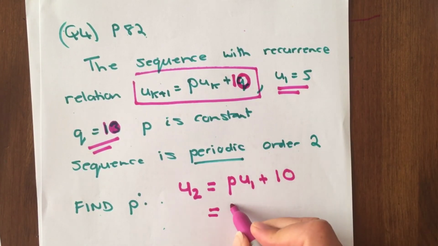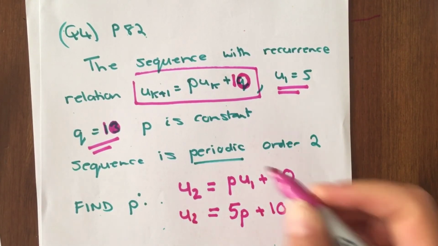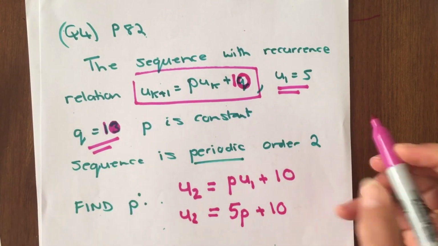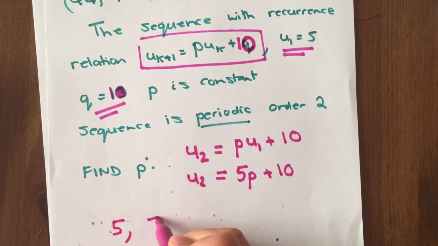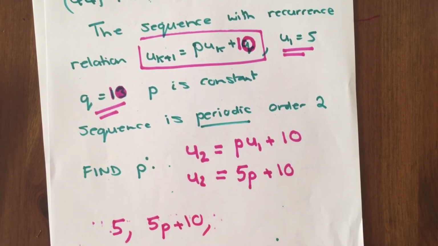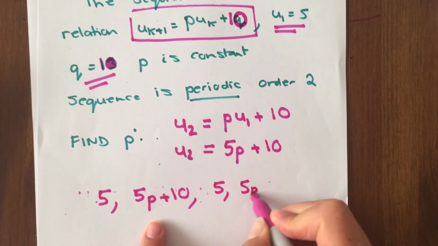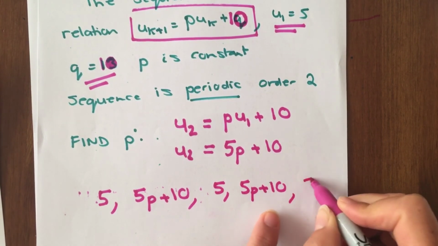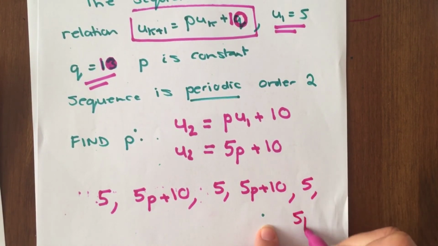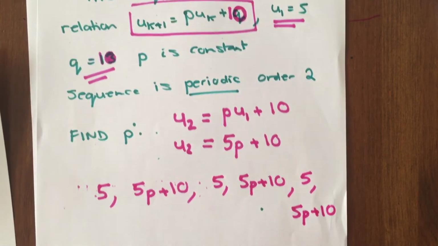So, I know that U1 is 5, so I've got my second term. You're told that the order of this sequence is 2. So my first term is 5, my second term is 5p plus 10. And that keeps on repeating itself all the way across. So these are going to repeat because it's got a period of 2. My third value, my fourth value, my fifth value, my sixth value. So these 2 terms keep on repeating all the way through.